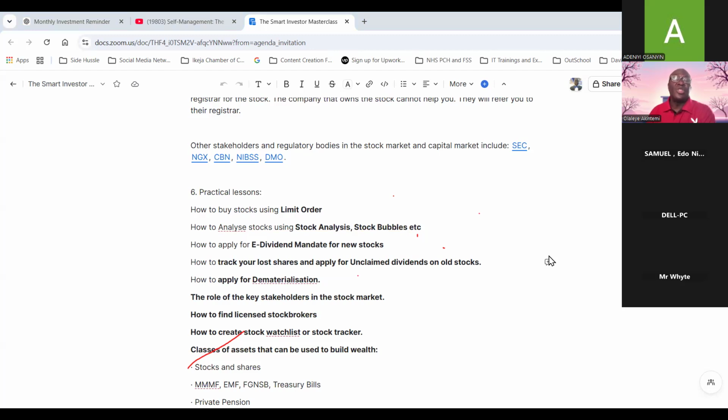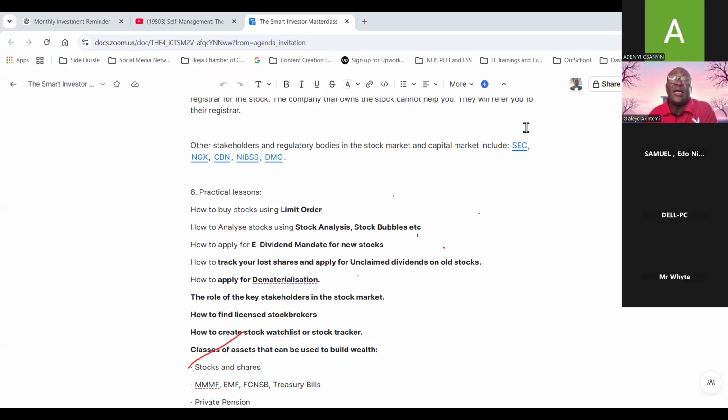So how to buy stocks using limit order. Again, I use Stanbic IBTC stockbrokers. A lot of people use Bamboo. Some people use Halfree Investor.